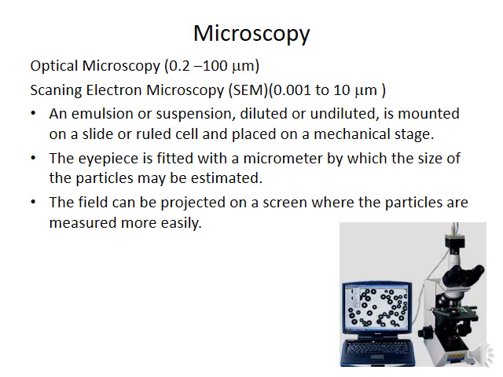Then the eyepiece is fitted with a micrometer by which the size of the particles can be estimated. The fields can be projected on a screen where the particles are measured more easily.